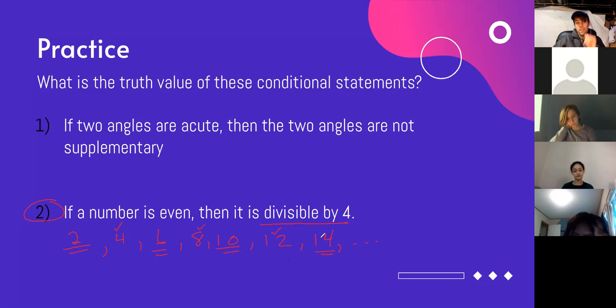So technically, there's actually an infinite number of counterexamples in this case. We don't need that many. We only need one counterexample, but it's good to know there are a lot. So these are all counterexamples.